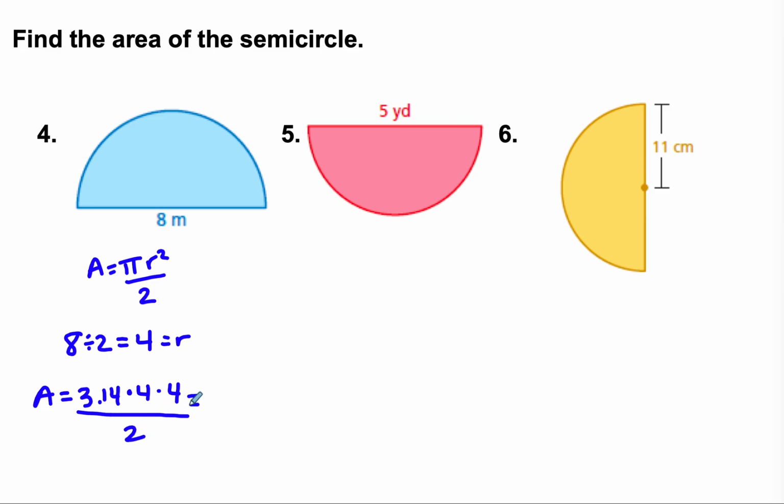All right, so 4 times 3.14 gives me 50 and 24/100. Divided by 2, that is going to give us an answer of 25 and 12/100 meters squared.